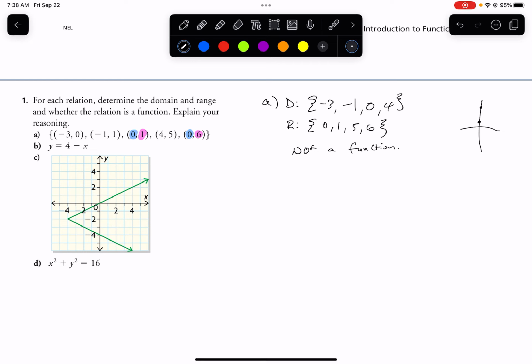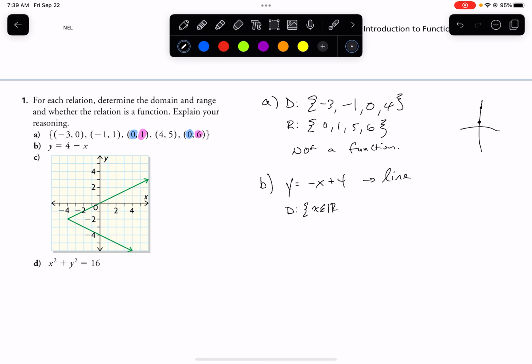Okay, for B, you can recognize, if I wanted to rewrite the equation, we're going to have -x plus 4. That's just a line, with a y-intercept of +4 and a slope of -1. And we know that all lines, with the exception of 1 or 2, have the same domain and range.